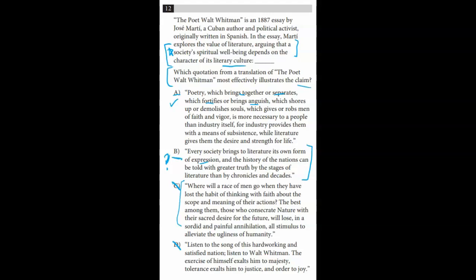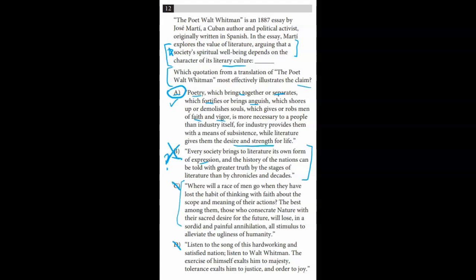But A I like because it talks about the spirituality. It gives men faith and vigor. Poetry, which brings them together, gives them faith and vigor, is necessary to the people, provides them with a means of subsistence, while literature gives them desire and strength for life. I think A is the best answer here.